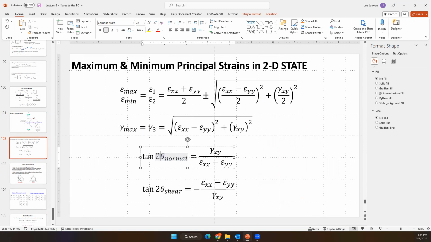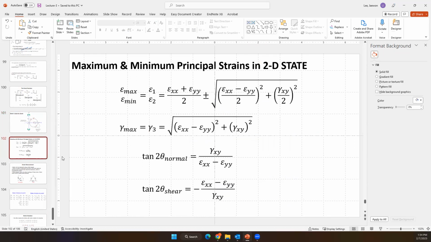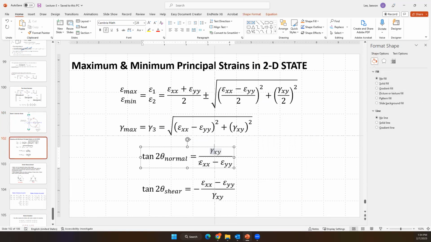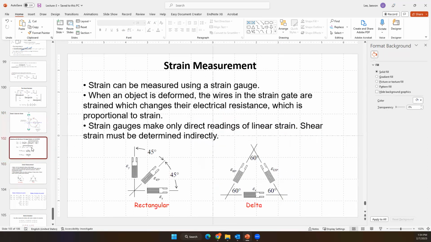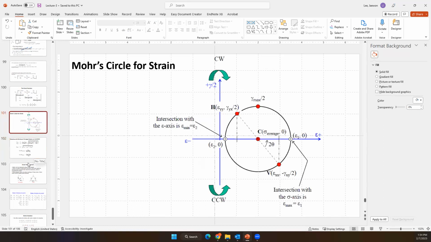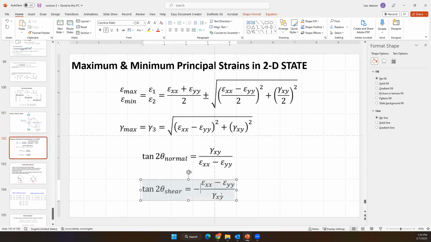And tangent 2 theta is related to the shear strain over strain xx minus strain yy. Okay. Then in case the shear is negative, it is strain xx minus strain yy over strain xy.